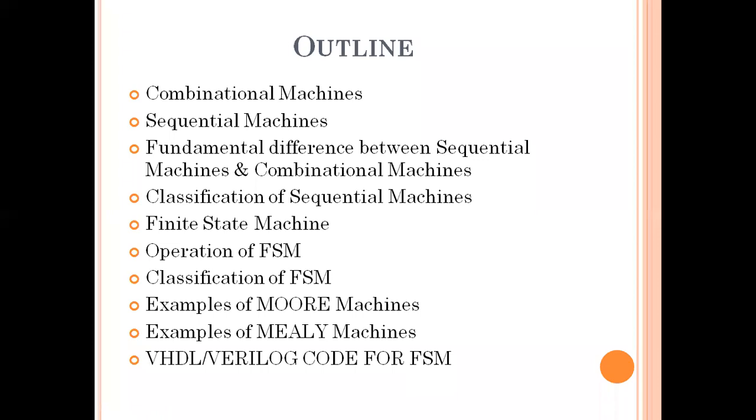So in a sequential circuit a feedback path exists, while in a combinational circuit there is no feedback path between the output and input. The second property of sequential machines is that the system must have some memory capability, or we can say a memory element, to store data, right?